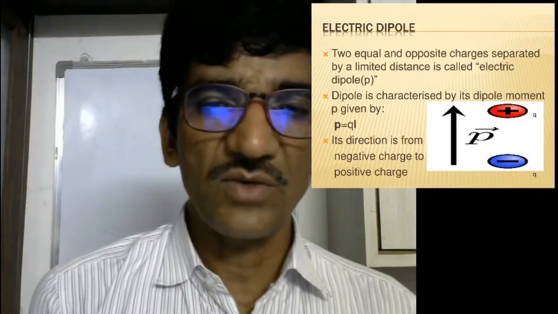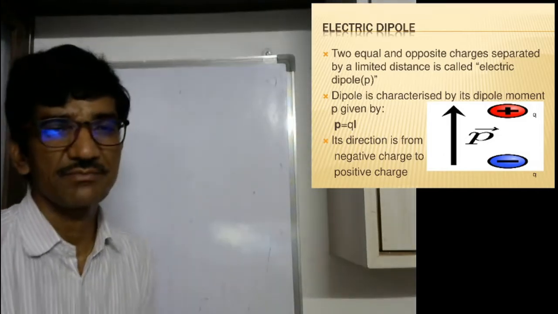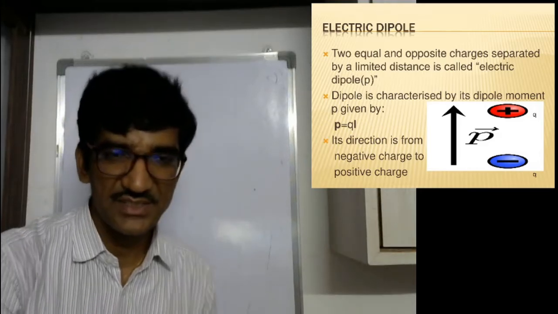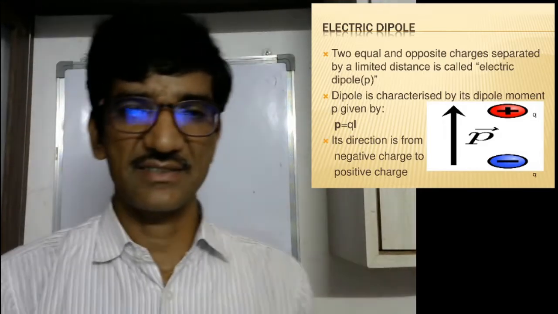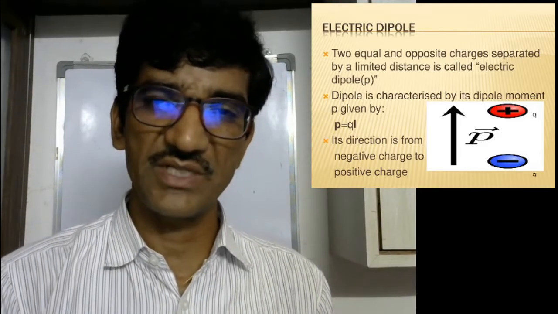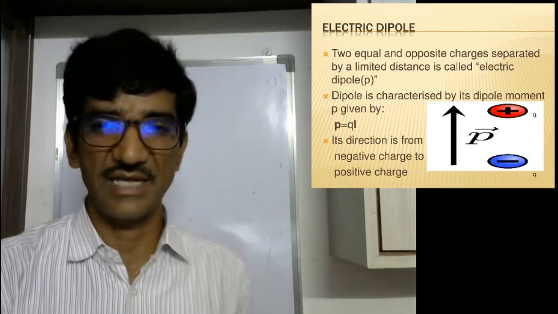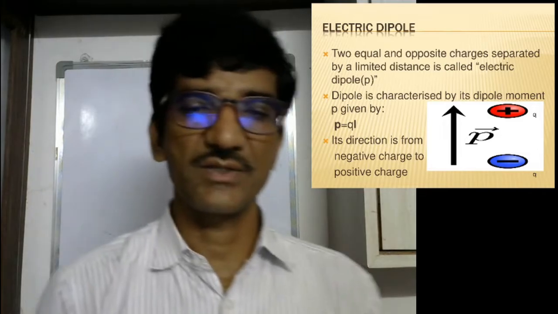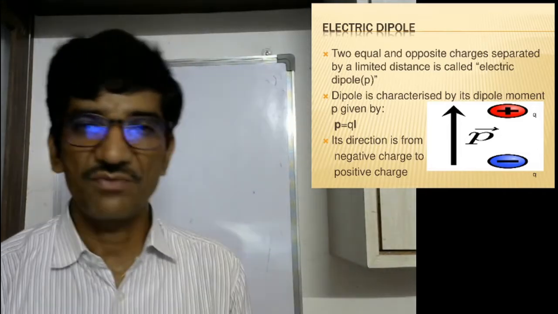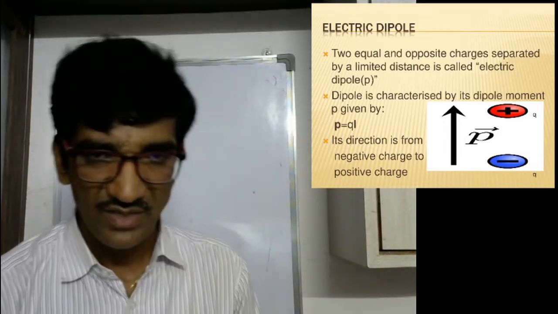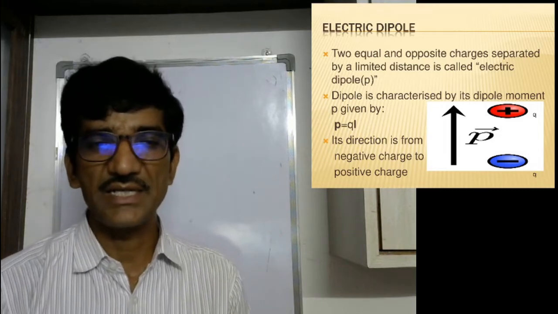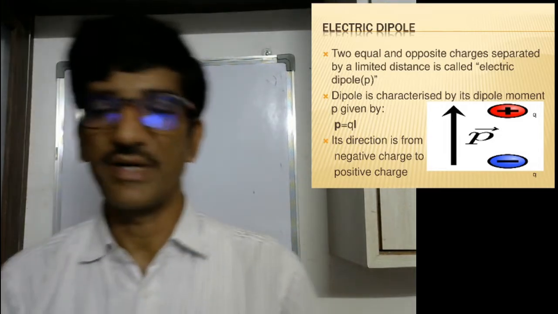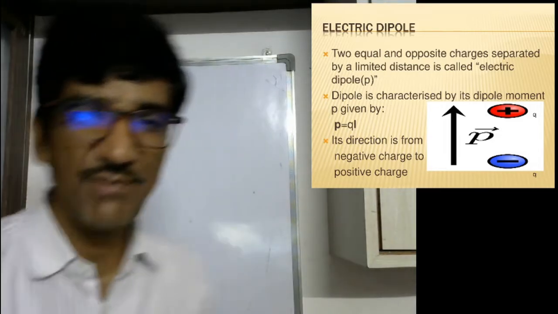Here we have to define some physical quantities characterizing the electric dipole. That means giving the properties or the behavior of an electric dipole. A very important physical quantity of an electric dipole is the dipole moment, electric dipole moment, small p.